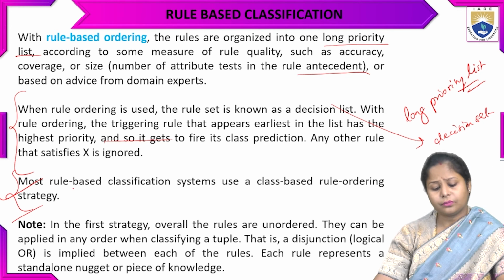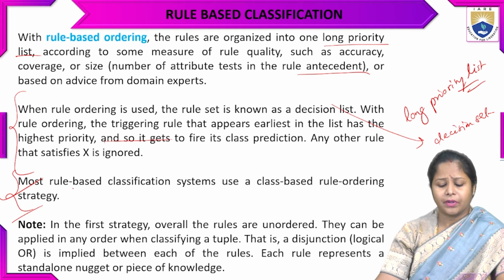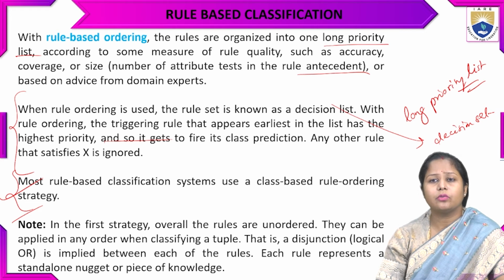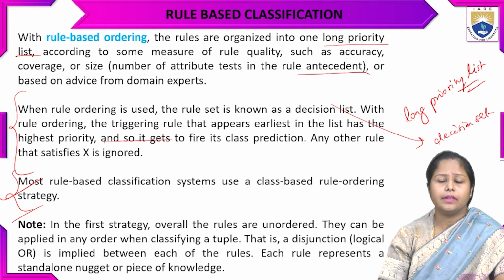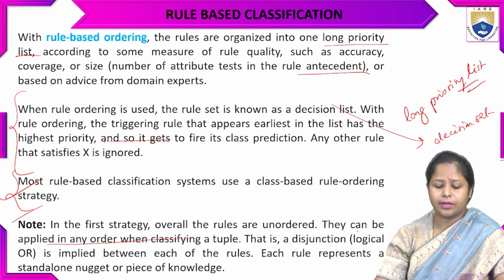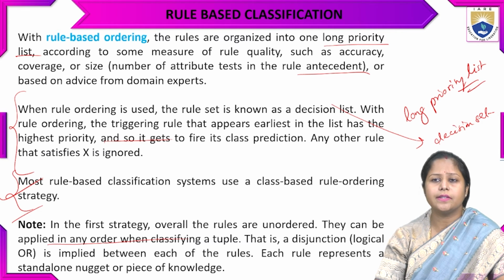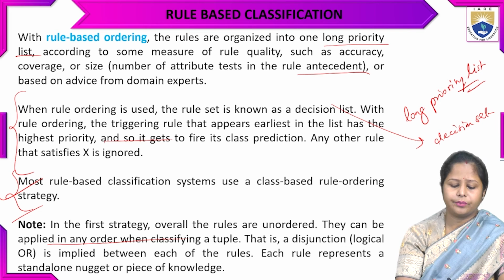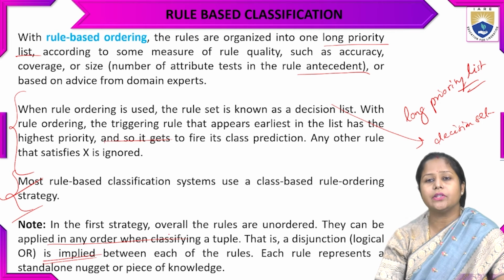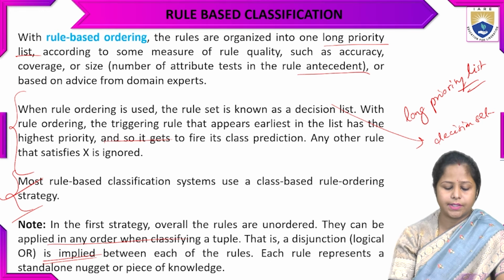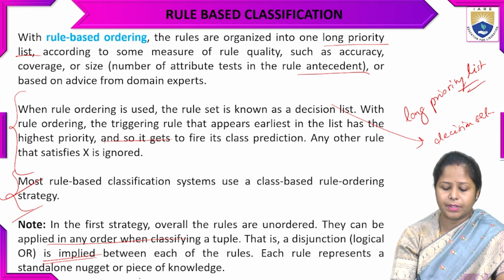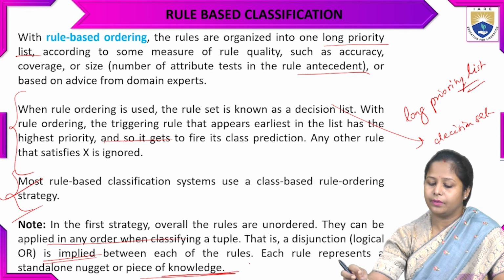In the first strategy, overall the rules are unordered. They can be applied in any order when classifying a tuple. That is, a disjunction, a logical OR, is employed between each of the rules. Each rule represents a standalone nugget, a piece of knowledge, right?